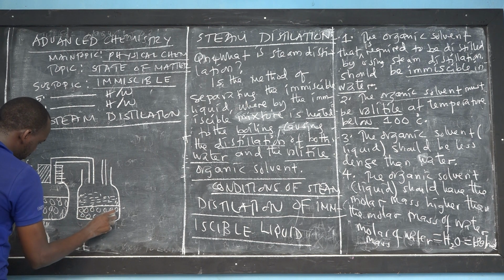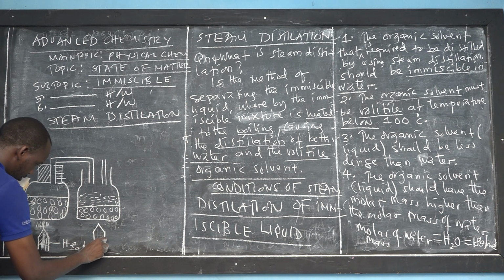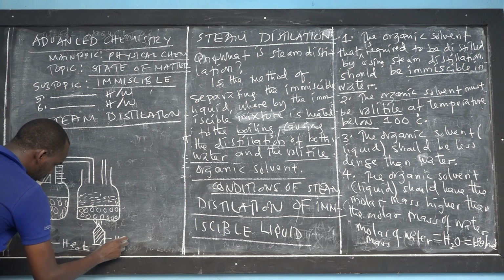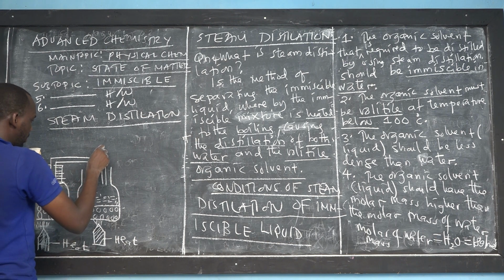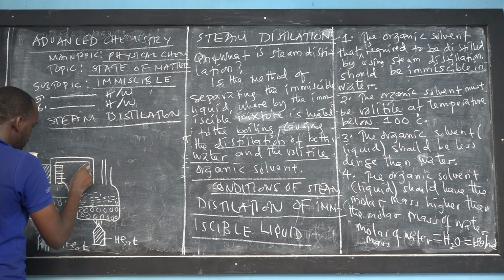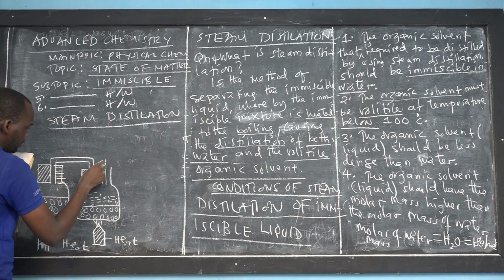Again here we have a source of heat. Actually, in the chemistry laboratory you get heat by using a Bunsen burner, which you learned about during our O-level studies. This is one of the applications of the Bunsen burner. This is the conical flask that I told you.